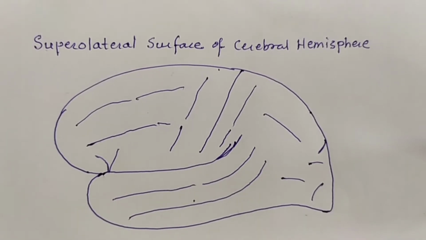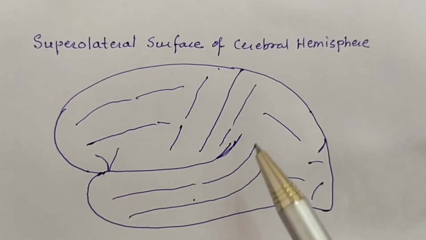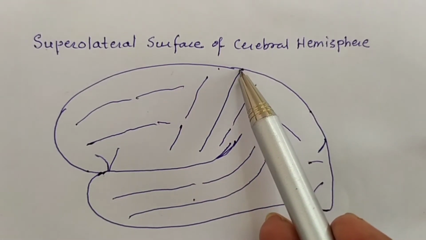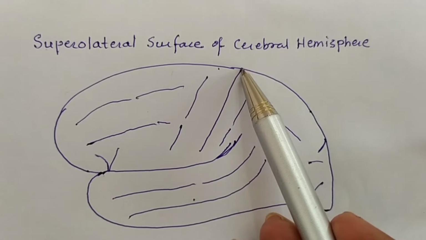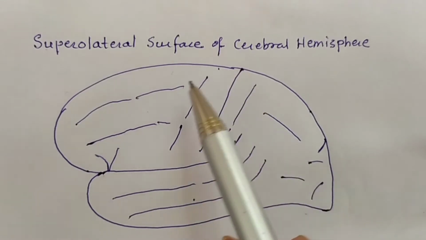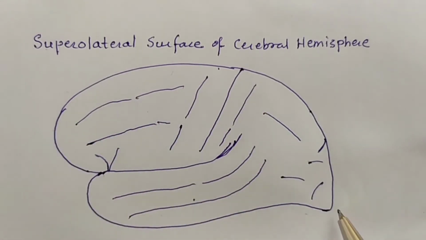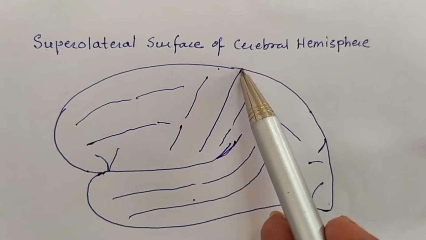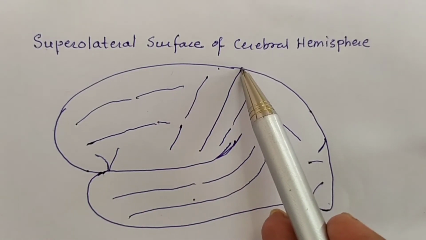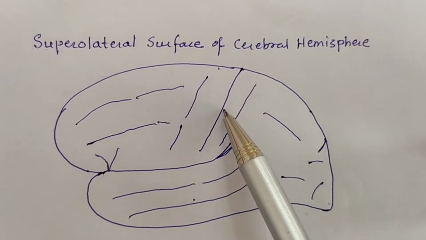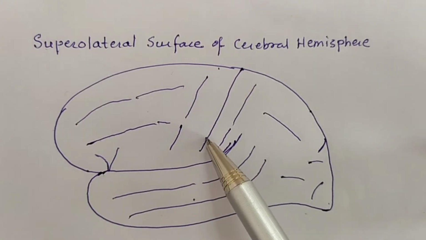It also shows three main sulci. This is the central sulcus. The central sulcus begins just behind the midpoint between frontal pole and the occipital pole. It cuts the superomedial border and runs downwards and forwards for about 9 centimeters.